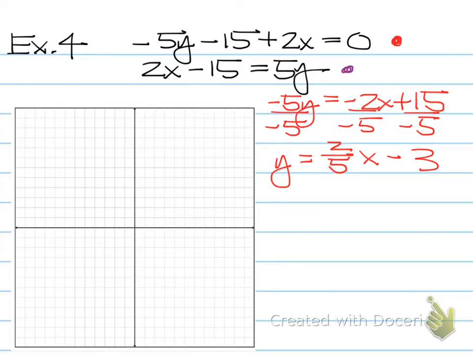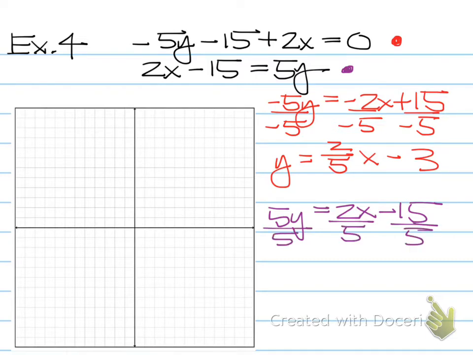Then we put the second equation in slope-intercept form. I just rewrote the equation so that 5y is on the left side and 2x minus 15 is on the right side. Divide both sides by 5, and we get y equals 2/5x minus 3.